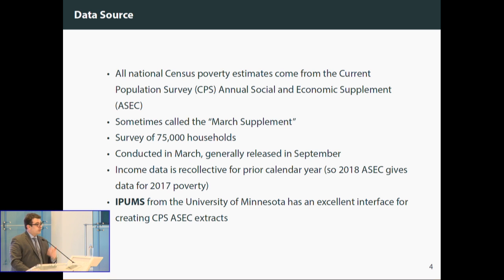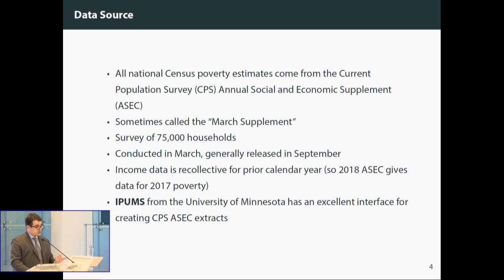But anyway, we get our poverty data from the Current Population Survey. You may know that that is a monthly survey from which we get statistics such as the unemployment rate and labor force participation rate. There is an annual supplement called the Annual Social and Economic Supplement. I'm going to call it the ASEC throughout this presentation.